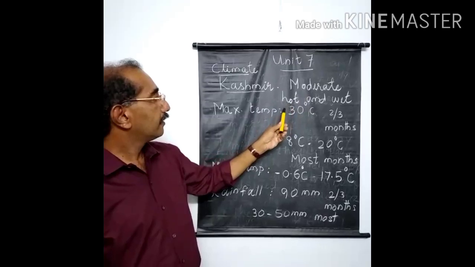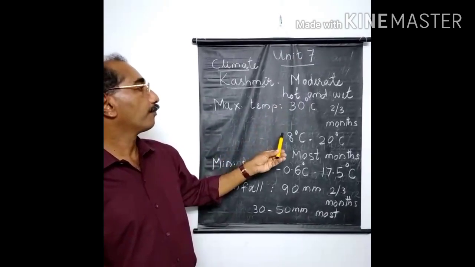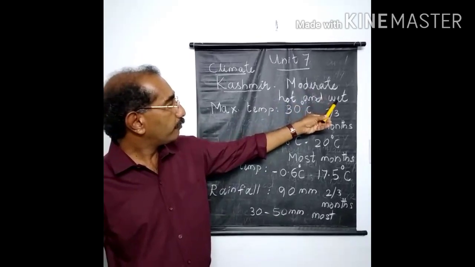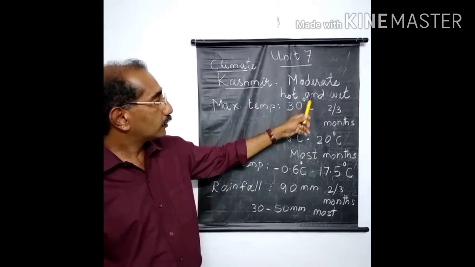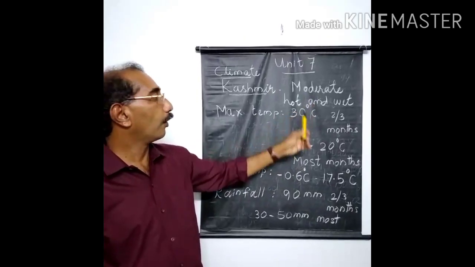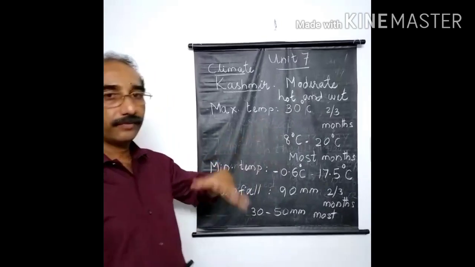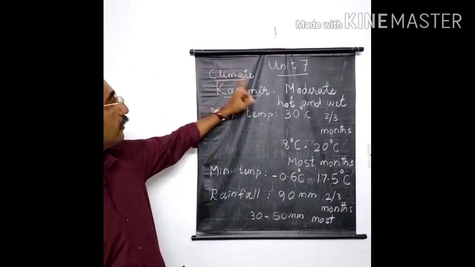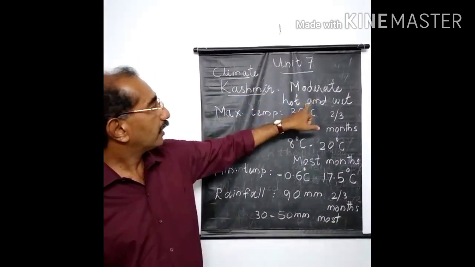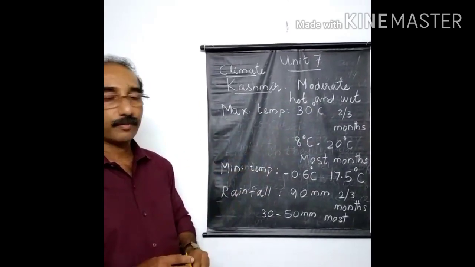Moderate hot means temperature is not so high, not too low. And moderate wet means the rainfall is not so heavy, at the same time it is not so low. This is one type of climate prevailing in one part of India, that is in Kashmir. This climate is called moderate hot and wet climate. This is prevailing in Kashmir.